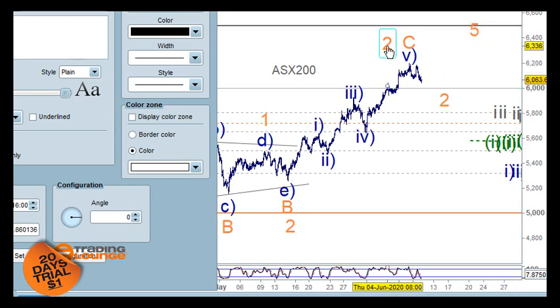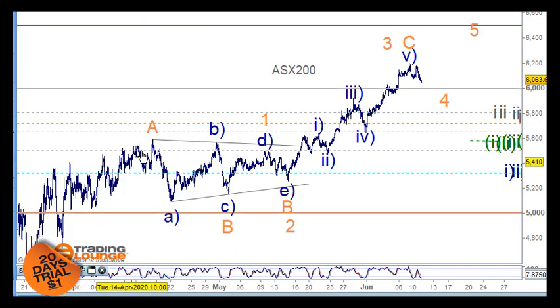And that would give us a larger ABC correction moving up here. It would give us an A wave to here, ABC to here, and then 1 and 2 and 3 and 4 and 5 to here, and finish here, and still be a C wave from that point.